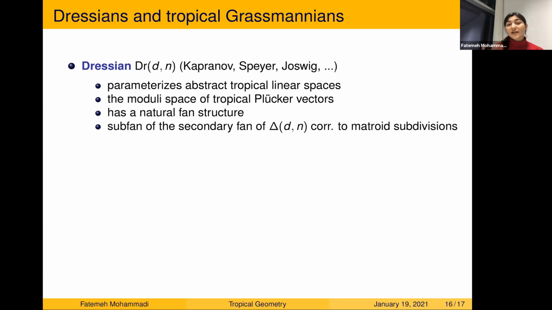But then you look at just the subfan of the secondary fan, namely those where the subdivisions are all matroid subdivisions. And this subfan is called the Dressian, which is the parameterization of these tropical linear spaces.